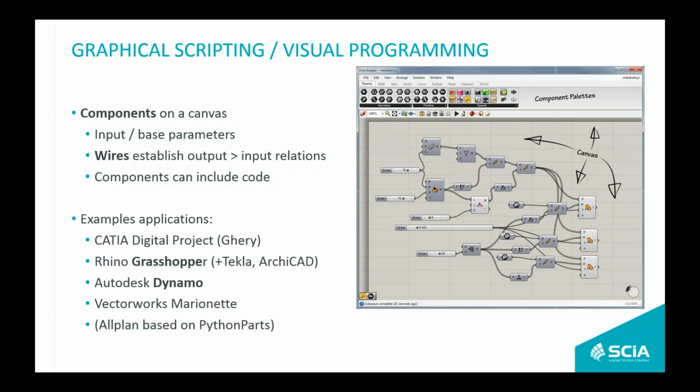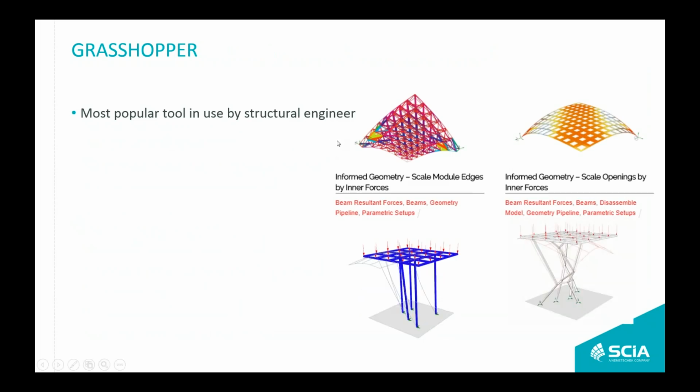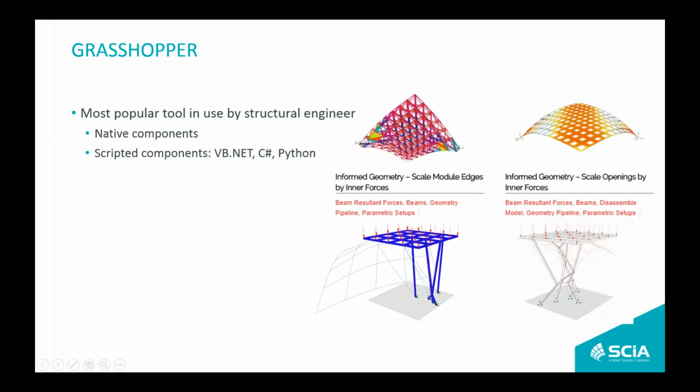There are multiple applications that support such graphical scripting. Today we are going to talk about Grasshopper because we feel Grasshopper is one of the most popular tools used by structure engineers or architects, and it allows creating scripted components. I will get back to that later.